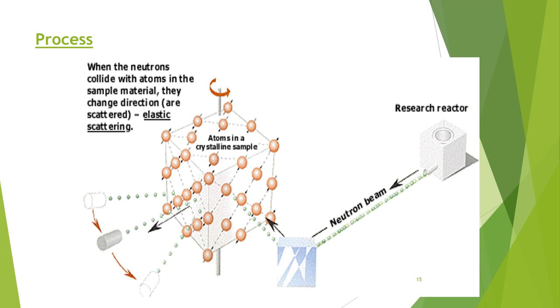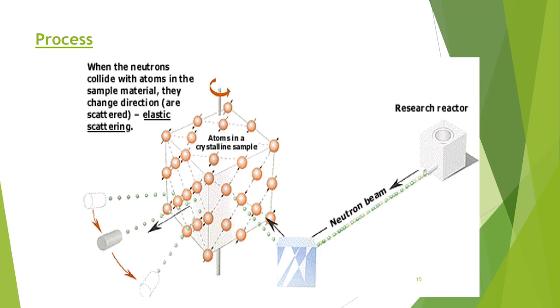So here we have a schematic diagram showing, at the right of this slide, a research reactor which produces these neutron beams, and these neutron beams fall on a crystal or powder sample, which after striking this sample are scattered at different angles and form a diffraction pattern.